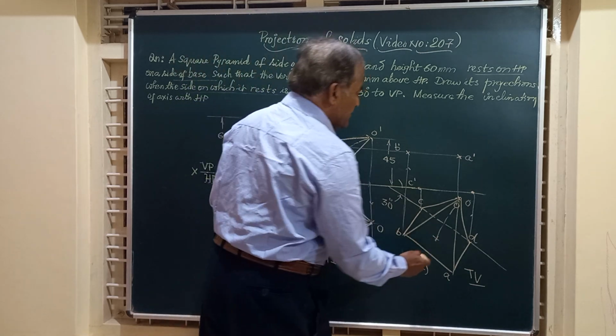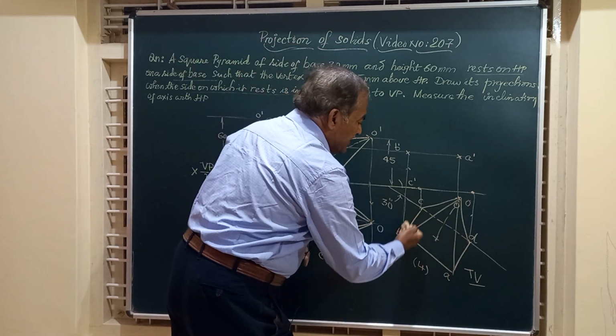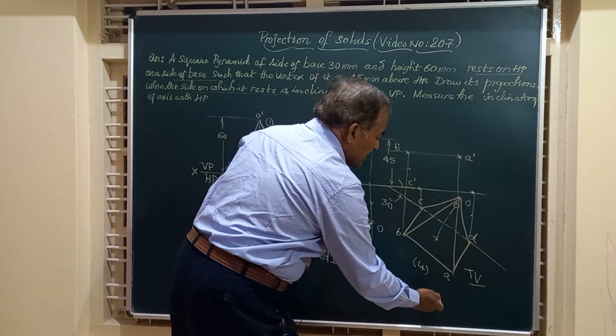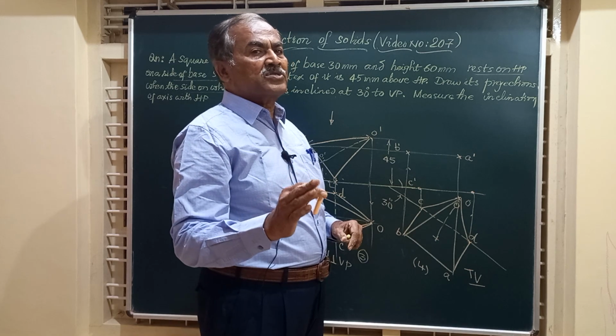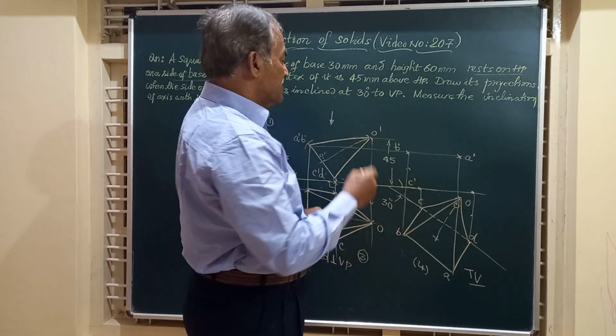So, friends, just observe this base of the solid is nearer to the observer, and hence he or she will be able to see the complete base of this pyramid.